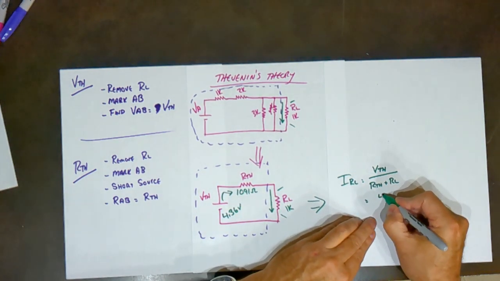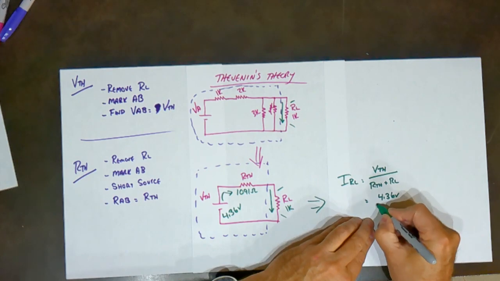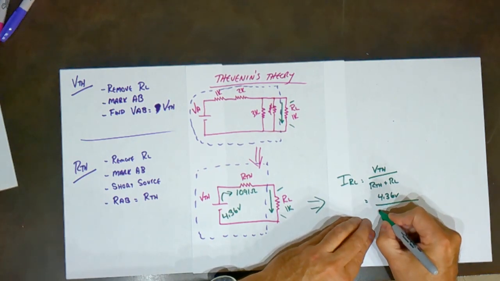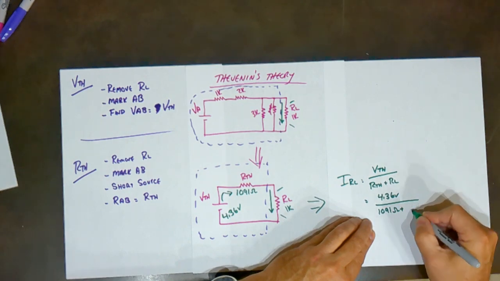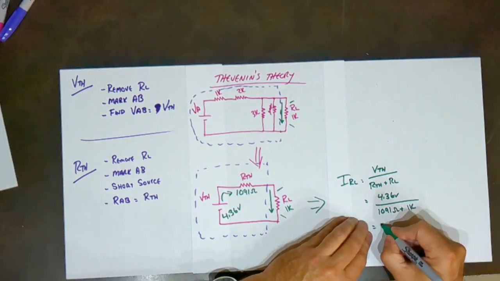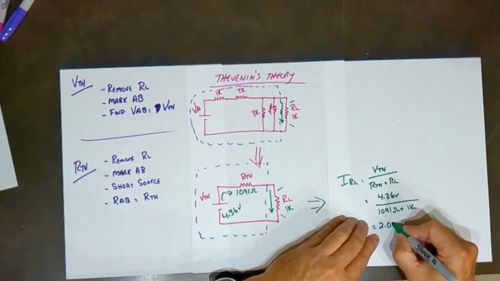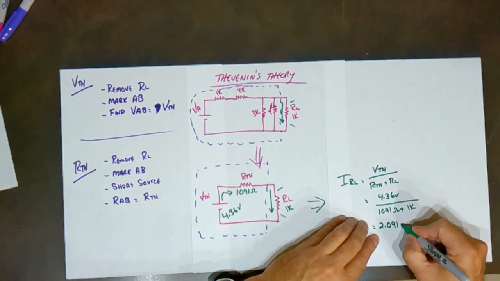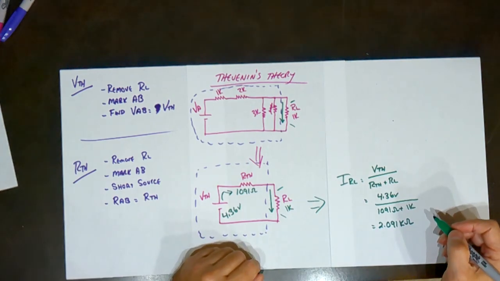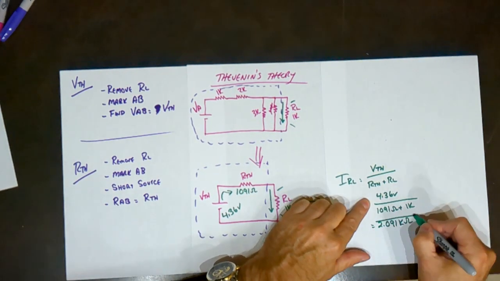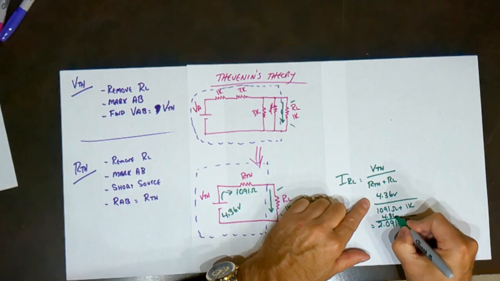So this is 4.36 volts, and this is 1091 ohms plus 1K, which gives me 2.091 kilo ohms. And that's 4.36.